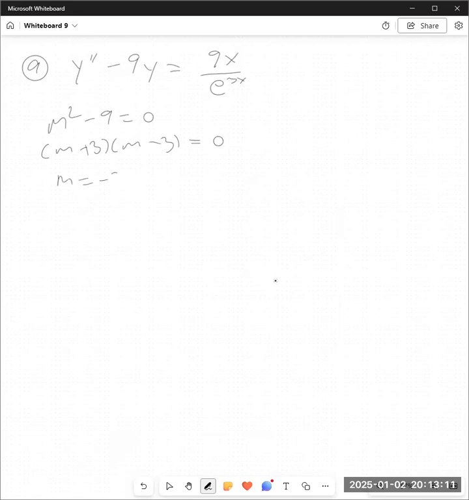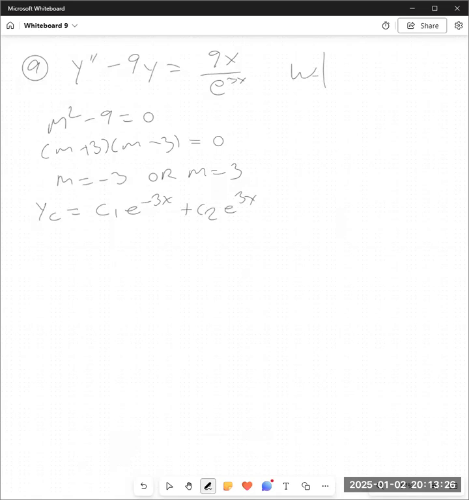So m equals -3 or m equals 3. So I have yc is c1 e to the -3x plus c2 e to the 3x.